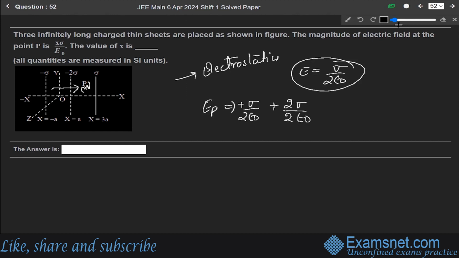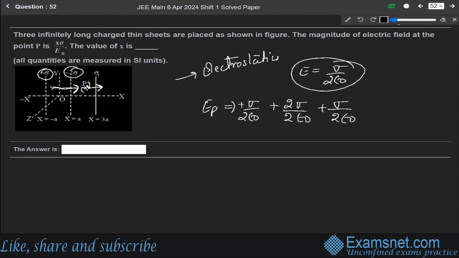And since the third sheet is plus sigma and the test charge is plus q, it will repel in this direction. It will attract towards minus sigma and minus 2 sigma, and it will repel from this sigma in this direction. So it will be a plus of sigma over 2 epsilon naught.